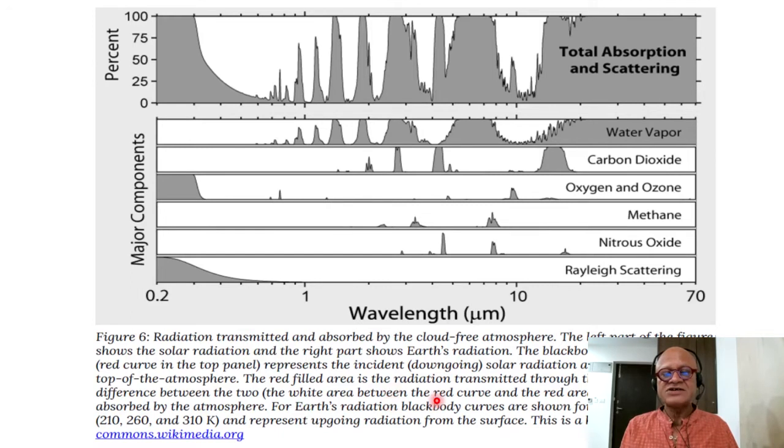The red filled area is the radiation transmitted through the atmosphere. The difference between the two, the white area between the red curve and the red area, is the amount absorbed by the atmosphere. For Earth's radiation, blackbody curves are shown for three temperatures, 210, 260 and 310 Kelvin, and represent outgoing radiation from the surface.